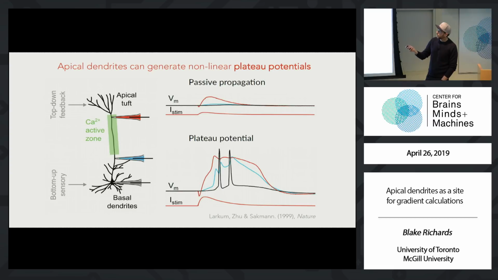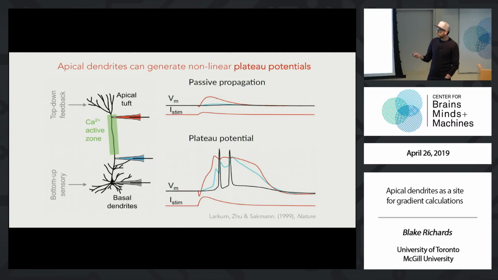And if he just injected a little bit of current, he would see the response, and it would very quickly dissipate in its propagation down to the soma. But if he generated enough current into the apical dendrite, then he would get this massive nonlinear response in the apical dendrite, courtesy of these voltage-gated calcium channels. And this would generate a prolonged depolarization in the cell, which is why we call it a plateau potential.